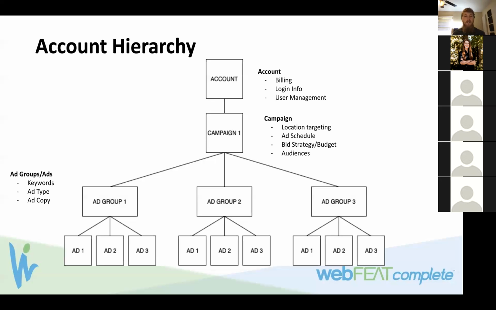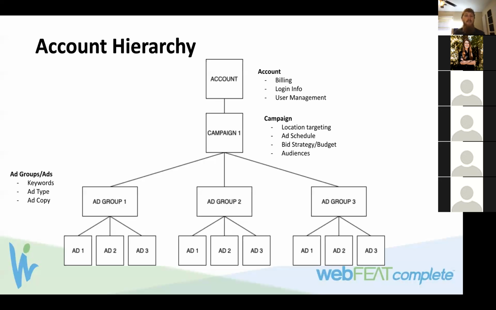And just to backtrack, to give you an example so we can better understand the account structure, webFEAT, for example, our headquarters is located in Cincinnati, but we also have clients and provide services to a bunch of other cities too. And so for us, it might make sense to create multiple ad campaigns based on city.